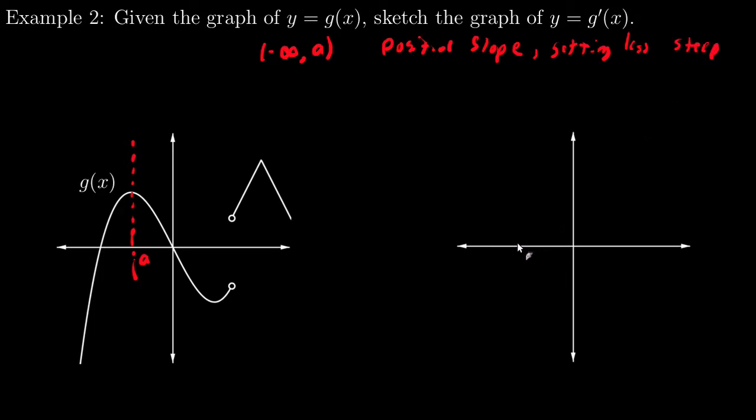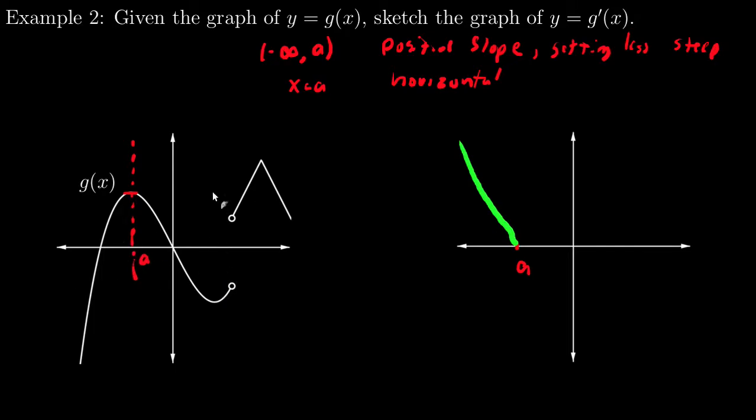And so, on here, what that means, let me make an A here, is I start off with a positive slope, but it's getting less steep. It's getting closer and closer to 0 in some way, shape, or form. I don't know if it's linear or curved, but it's getting less and less steep, so we're getting closer and closer to 0. At A, we're horizontal, so because it's horizontal there, we actually hit the x-axis.